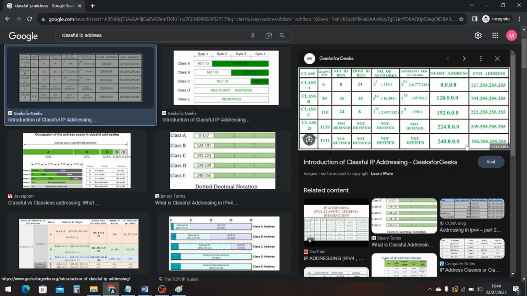If it is 200.10.10.10, have a look, which class does it fall under? It's under class C. So if you are in a particular class, you need to allocate a particular IP address that's been indicated here. It's a must.